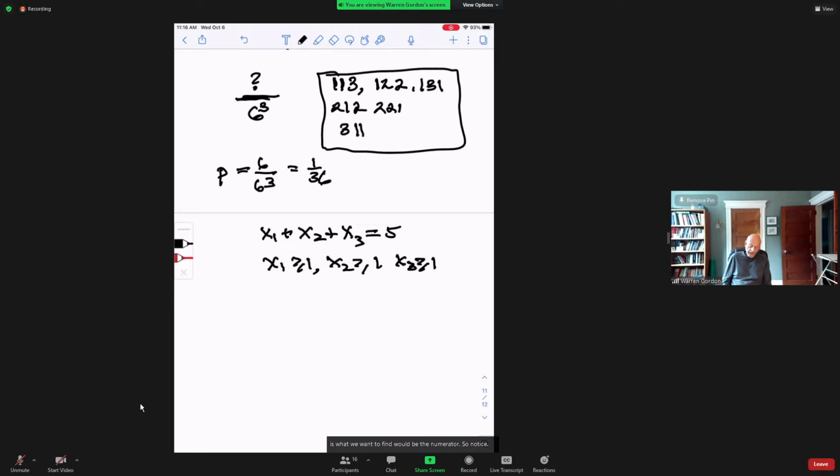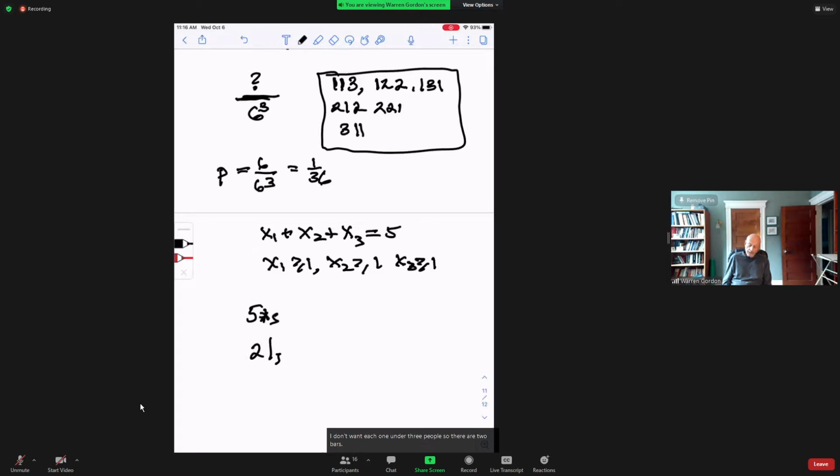So notice I have 5 stars. And there are 3 people, so there are 2 bars.